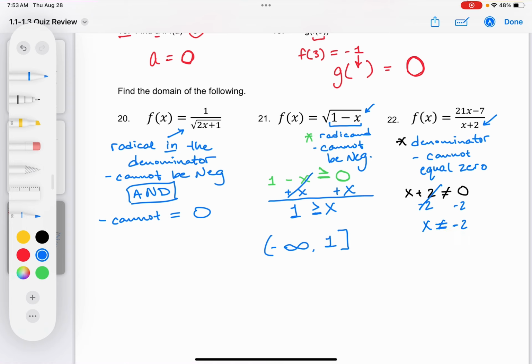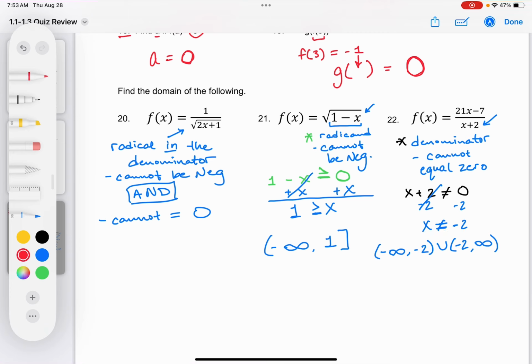It can equal negative 3. It can equal negative 1. It just can't equal negative 2. So you could write that in interval notation. You could say it goes from negative infinity up to negative 2, which is not included, and then you have a union from negative 2 all the way up to infinity.